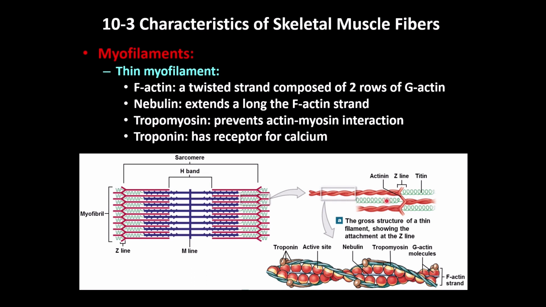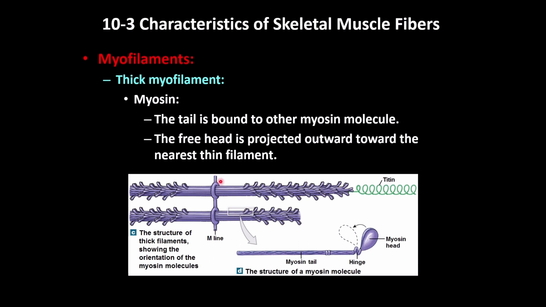Also there is another protein called titin. Titin connects the thick filament to the Z line. So you see the thick filament here, and it's connected to the Z line. The thick filament is made of multiple myosin proteins. The myosin protein contains a tail.